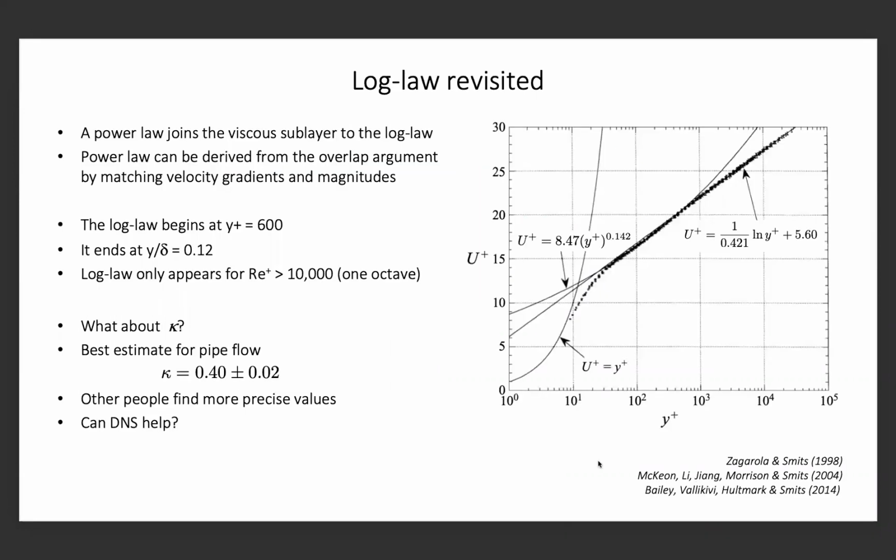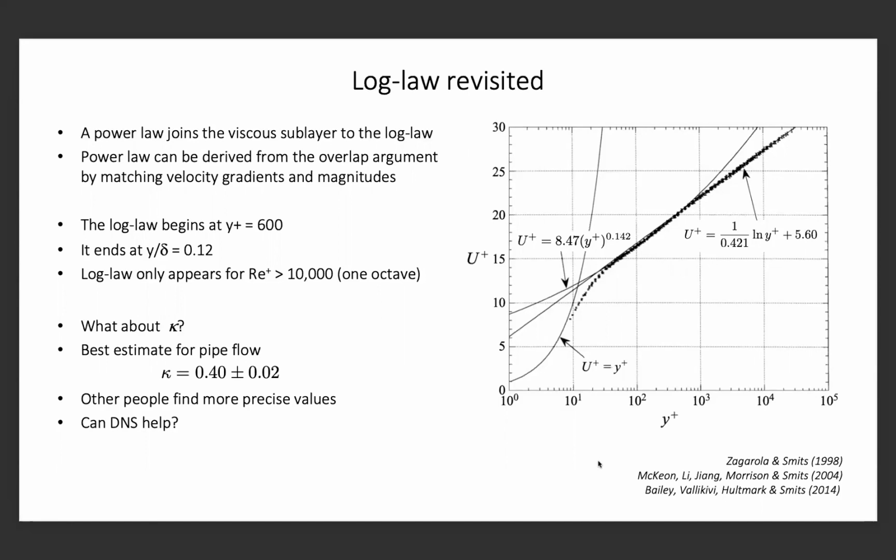Here are some results that we got in 1998, more than 20 years ago. What was surprising about that is, and this is the problem when you ask questions, sometimes you get surprising answers you didn't expect. The unexpected result here is that the log law doesn't actually start until some considerable distance away from the wall.